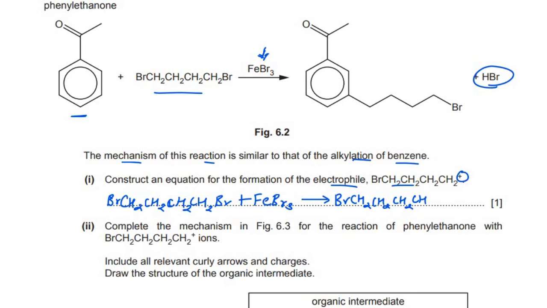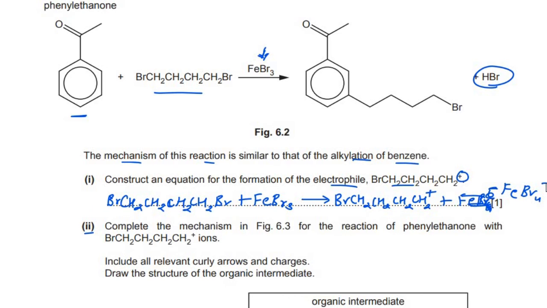We are writing it the same with a positive charge, and the catalyst will change into FeBr4 minus, right? This is FeBr4 minus. So this is how the reaction is going to be possible for the formation of the electrophile shown here. Okay, let's go ahead with the second part.